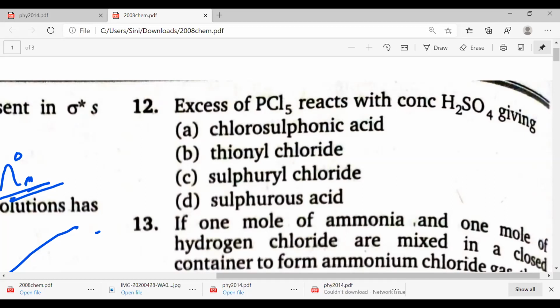Option B. Good, at least you're thinking and able to express your views.